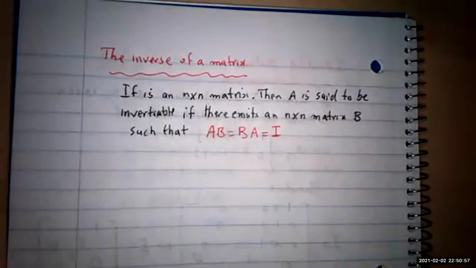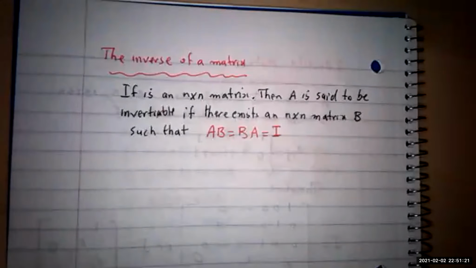It's like the product of a number and its reciprocal, which is always equal to 1. So AB equals BA equals I, and in that case we say that A is invertible.